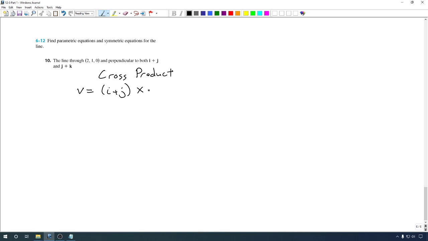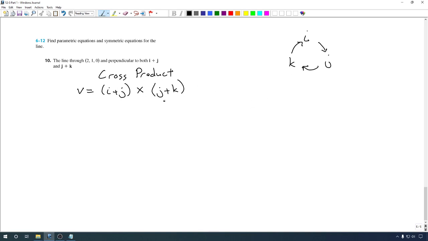So i plus j crossed with j plus k. And we're going to have to figure out how to do that. Well, just as a reminder, I like to go ahead and think of the cycle of ijk and think about what happens when I multiply those together.